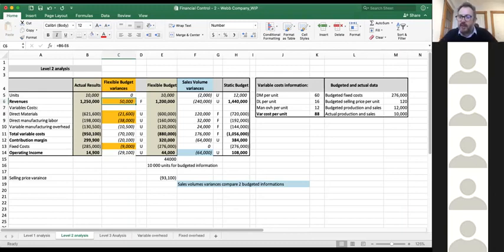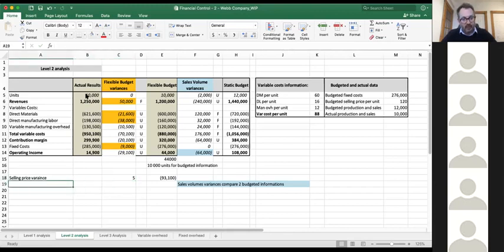Actual selling price is higher. Yeah, exactly. So the reason is that the selling price is higher than in the budget, not lower, higher. We can even calculate it, because we got 50,000 and this is for 10,000 units, so we have a positive 5.